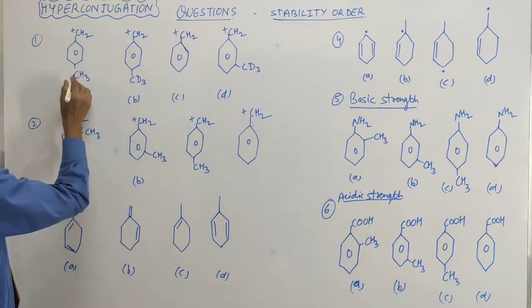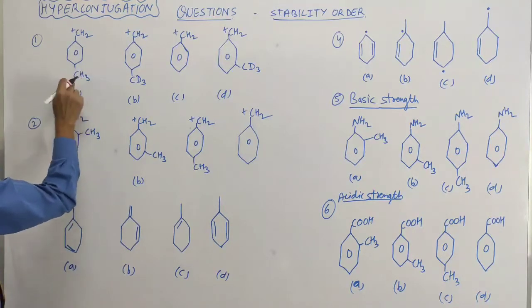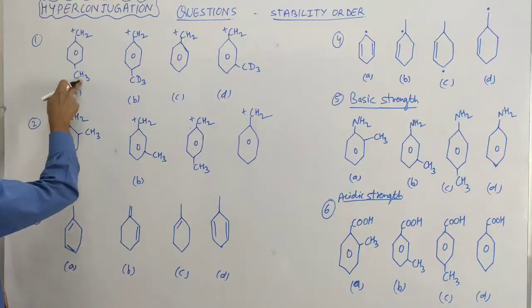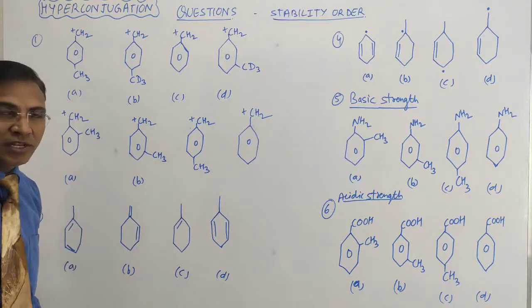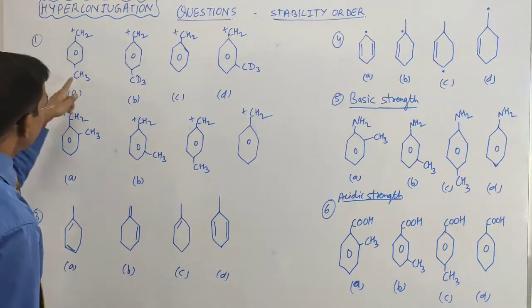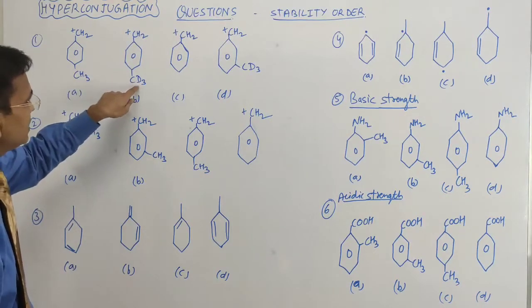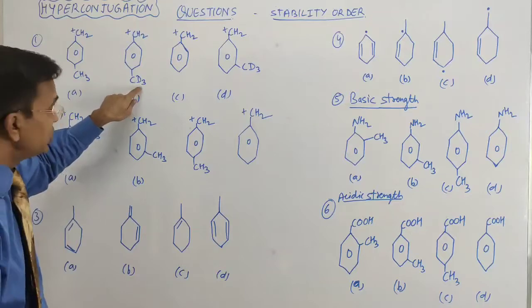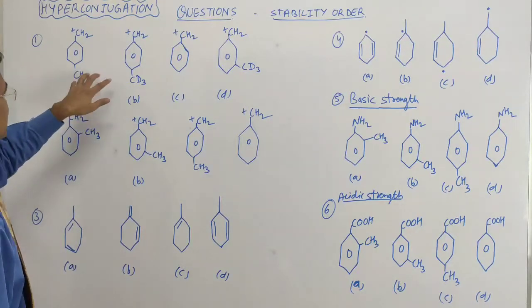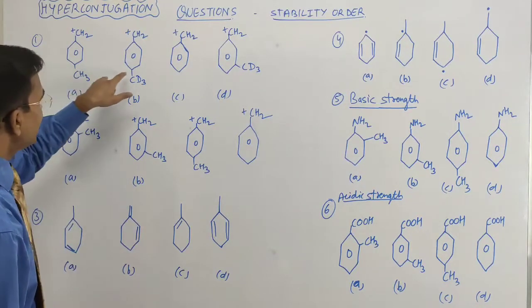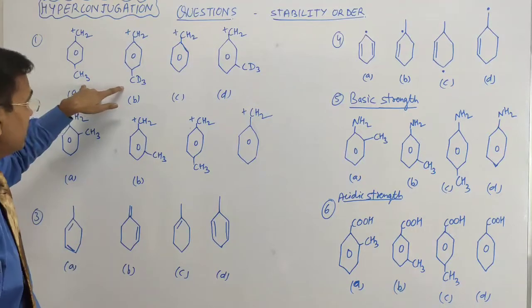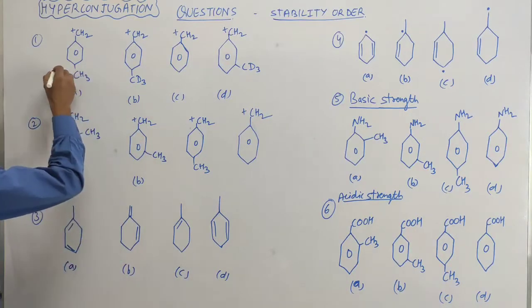So these CH3 and CD3 show the plus H effect because hydrogen is in conjugation with the benzene ring and the positive charge. These three are the alpha hydrogens, and here these three D are the alpha deuteriums. So the first and second both show the plus H effect.